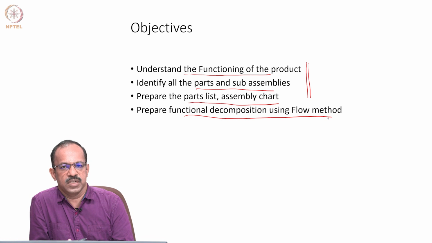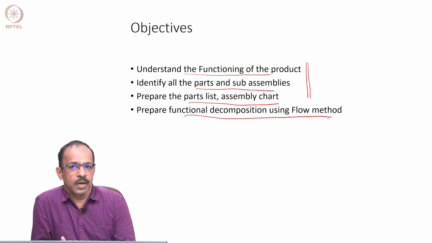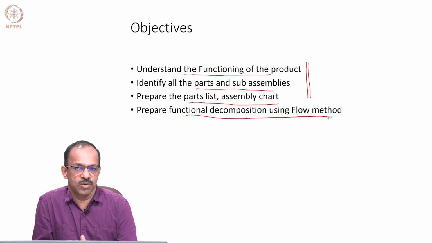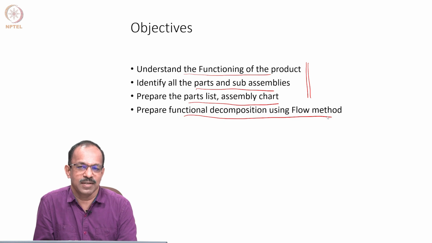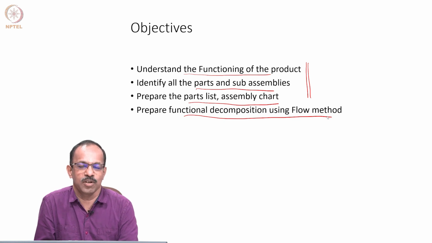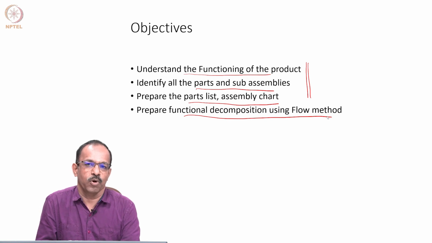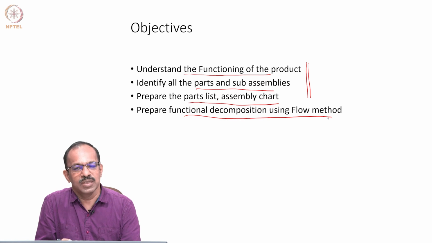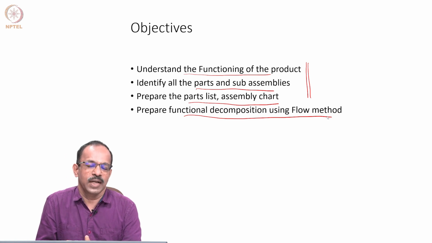In every lab exercise, there are two fundamental objectives. The first objective is to introduce this product to you, so that you understand how a particular product works, and that will help you develop an understanding of various parts of the product and how these parts contribute to a particular function.